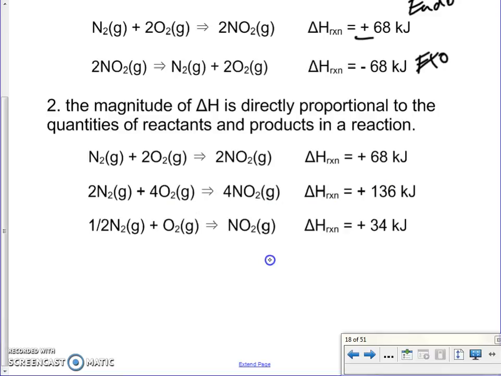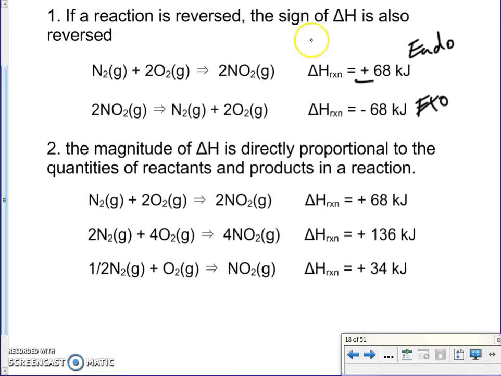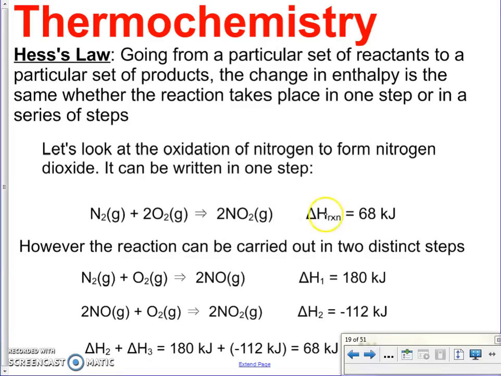So if I triple my reaction, I have to triple my delta H. If I quarter my reaction, I have to do the same thing to my delta H. So just in recap, if we flip the reaction, we flip the sign of the delta H. If I change the magnitude of the coefficients, I change the magnitude of delta H. So pretty simple. Now let's look at why we use this.